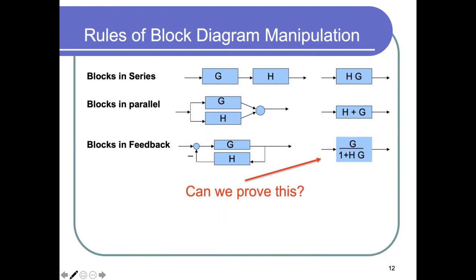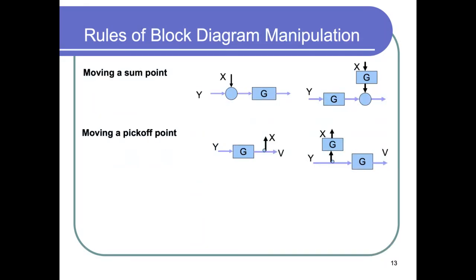All right. We have blocks in feedback, blocks in series, blocks in parallel. We have also some different rules. So if I have a summation node before a block, then if I move this summation node to here, then I need to multiply x by g. Why? Because before the block, the output here is gx plus y.